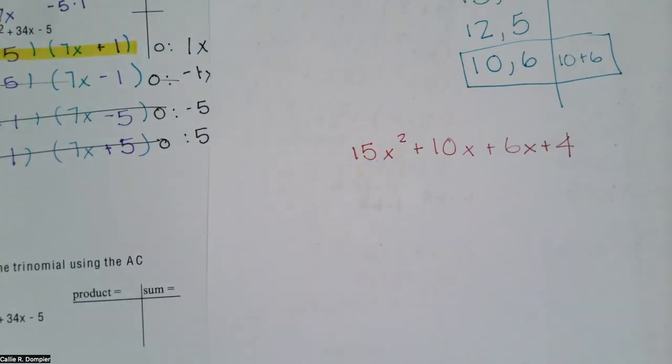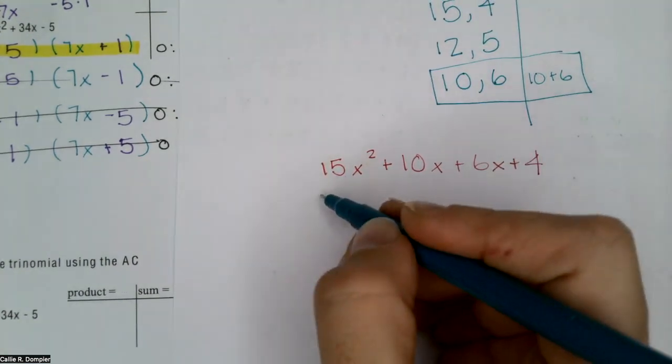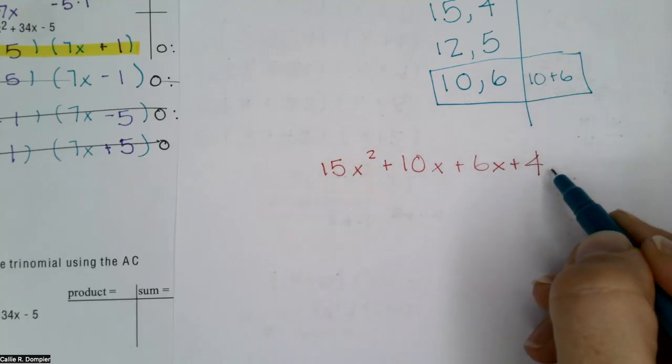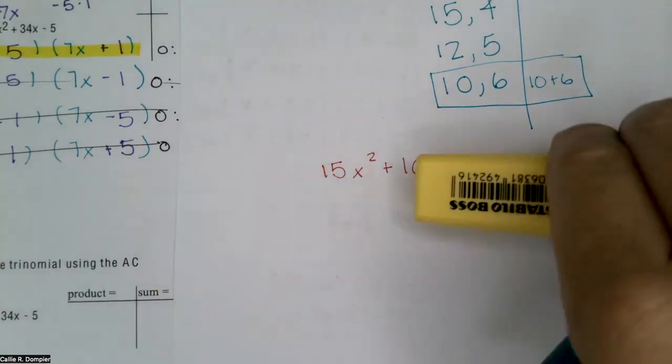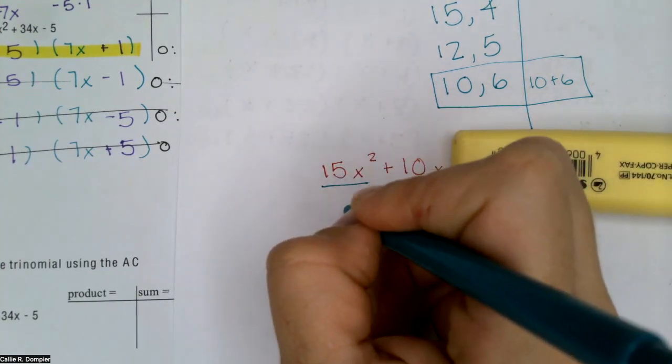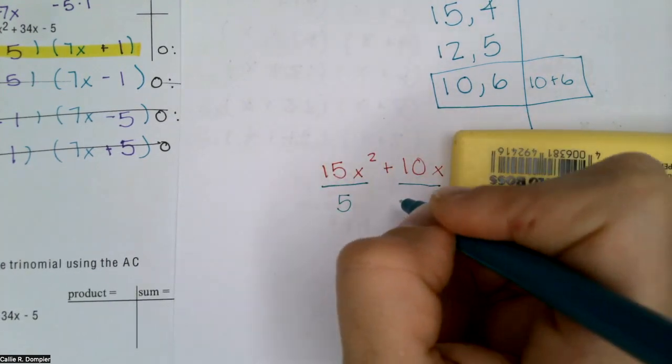Good? All right. Now we're going to factor by grouping, okay? I can't factor anything out of all 4 of them, so I'm just going to group them. 15x squared plus 10x, I can factor out a 5x.